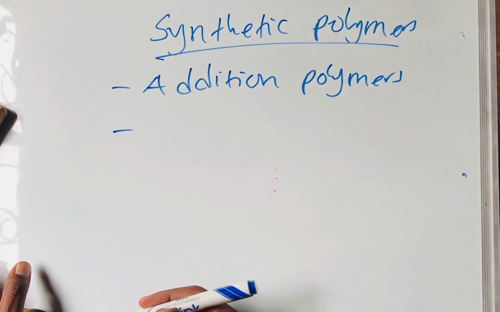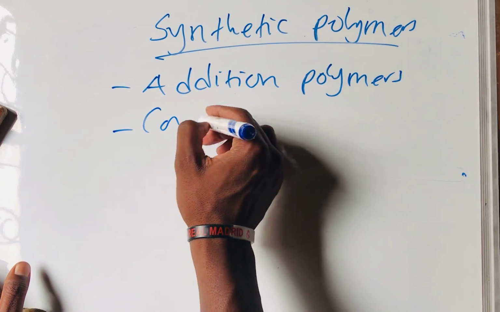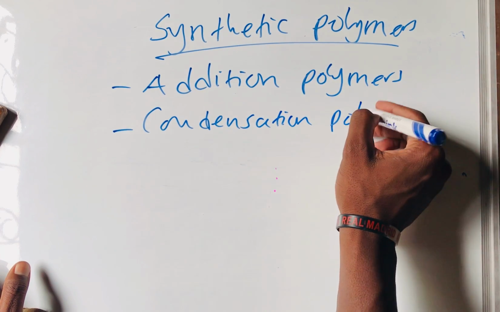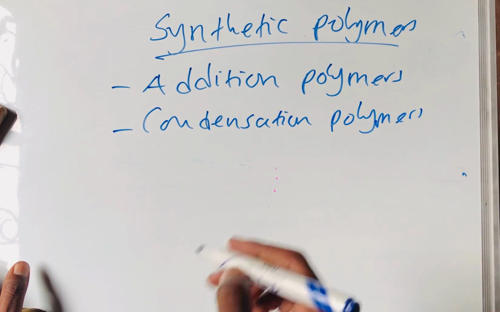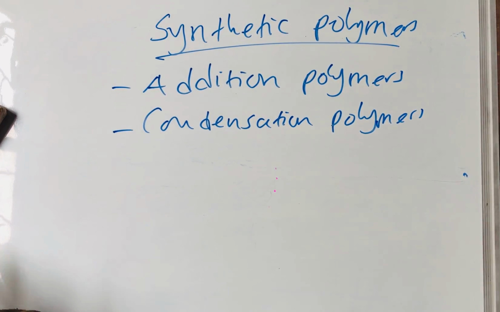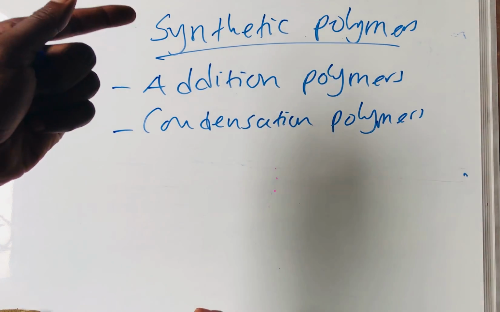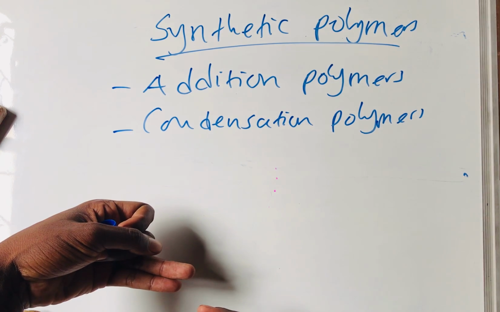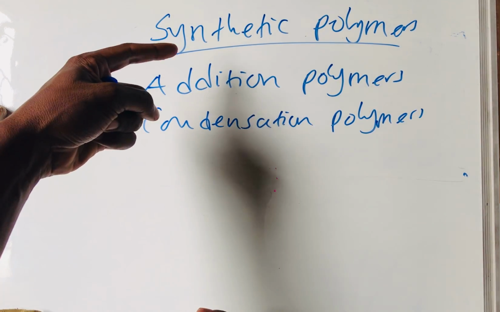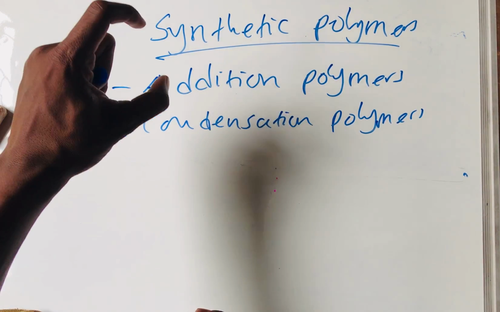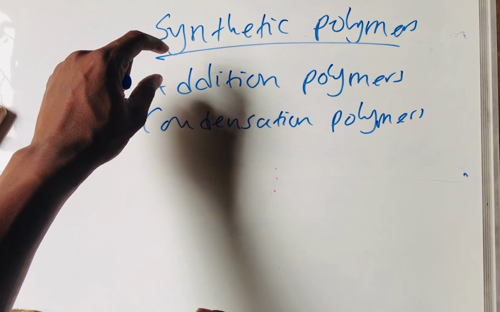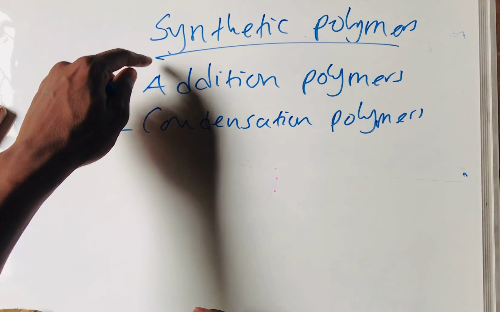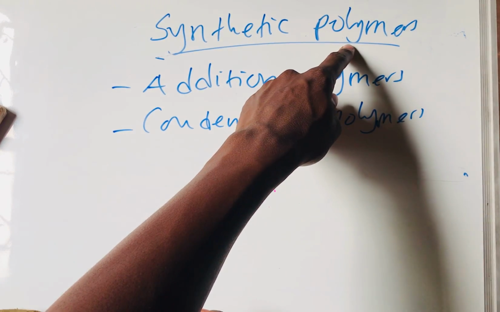Number two, condensation polymers. So don't forget, types of macromolecules are two: synthetic, also known as artificial, and natural polymers. Under synthetic, we've got addition polymers and condensation polymers.